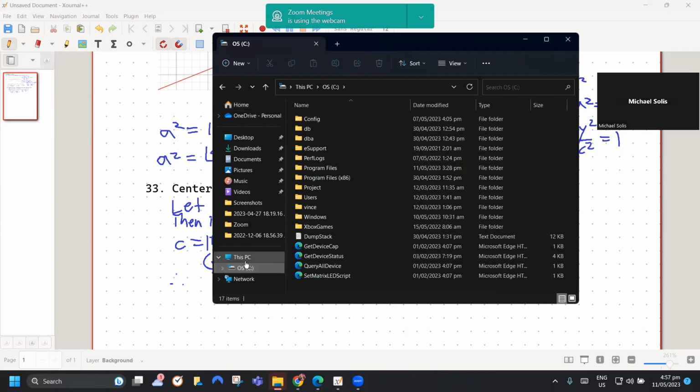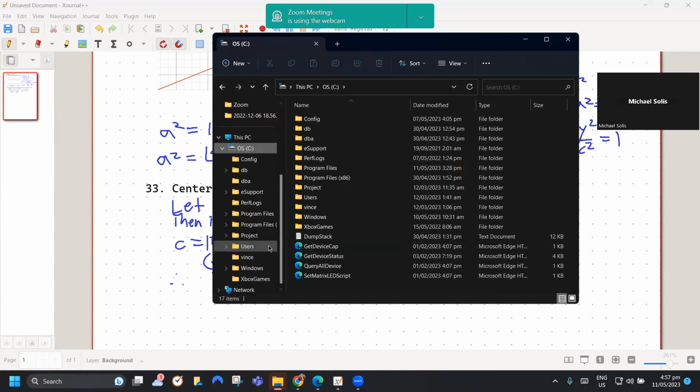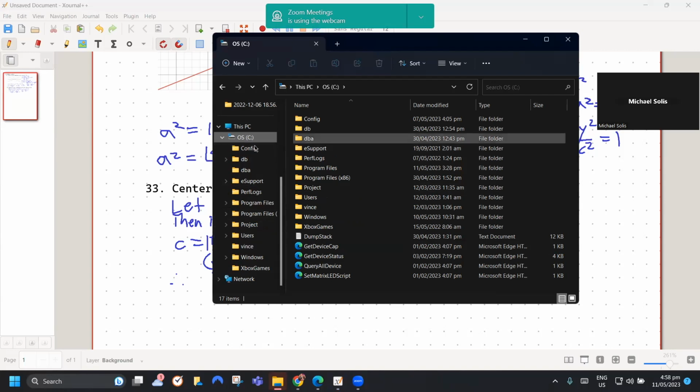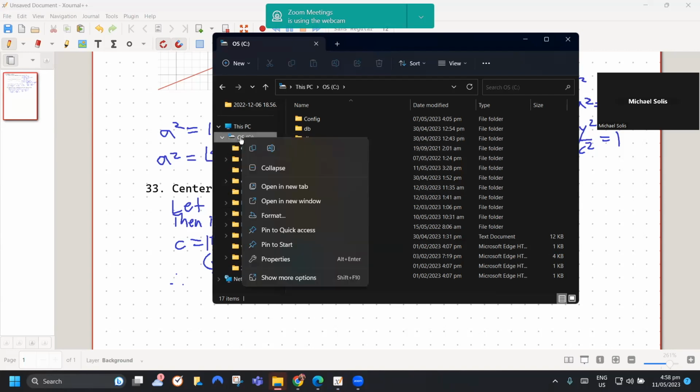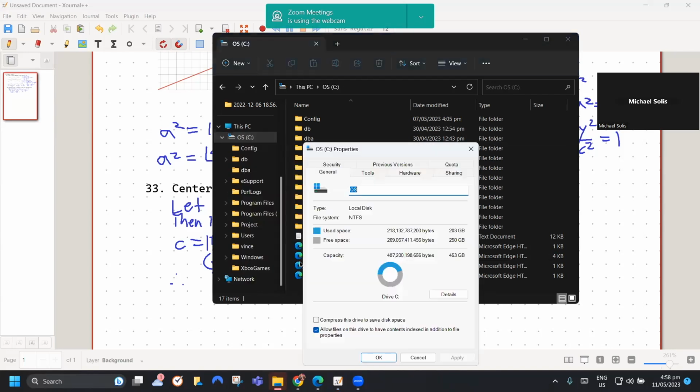May this PC, yan. And left-click mo yan. Yung C drive. And then, properties. Sorry, right-click pala. So, right-click and then properties.